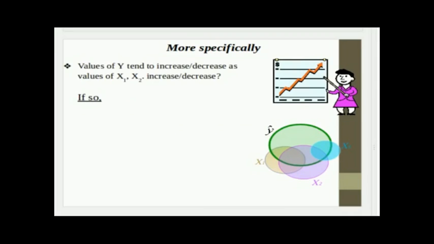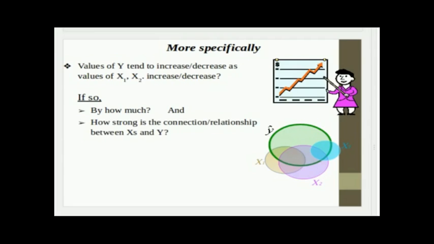More specifically, do the values of y tend to increase or decrease as the values of x1 and x2 increase or decrease? If so, by how much, and how strong is the relationship between x and y?